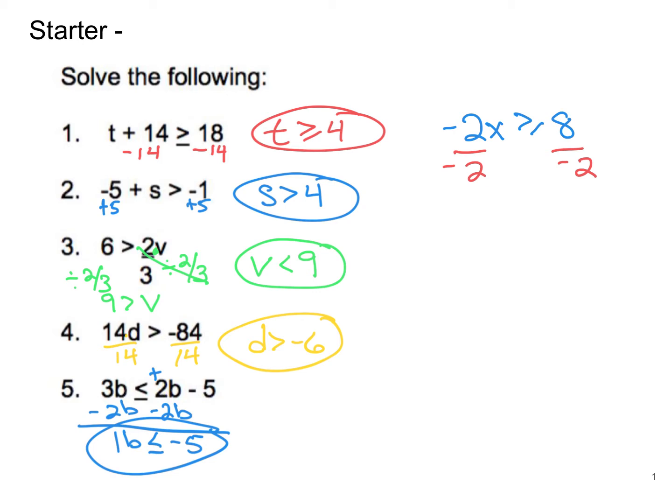So negative 2 divided by negative 2 is x. 8 divided by negative 2 is negative 4. And because I divided by a negative on both sides, I'm going to flip that sign and get x is less than or equal to negative 4. Again, it's only when you multiply or divide by a negative on both sides.